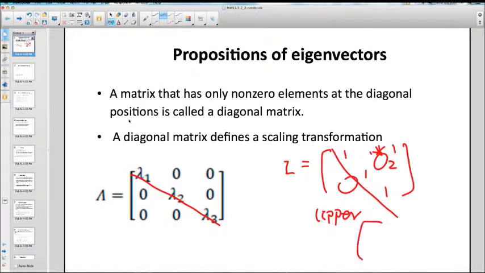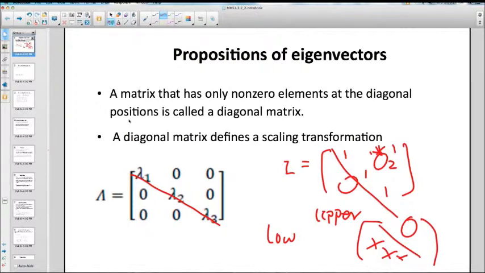And the other way, if you have all zeros above the diagonal, we call it a lower triangular matrix. So those are the special matrices.